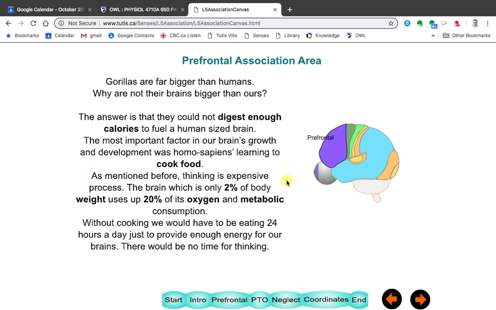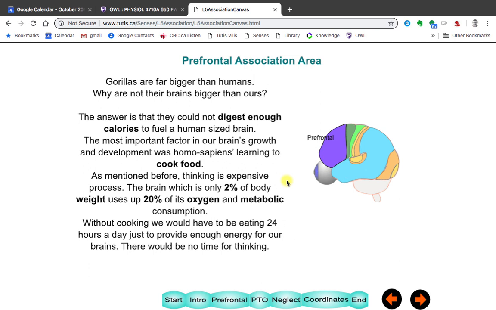And as I mentioned many times, thinking is expensive. The brain, which is only 2% of your body weight, consumes 20% of its oxygen and metabolic consumption.